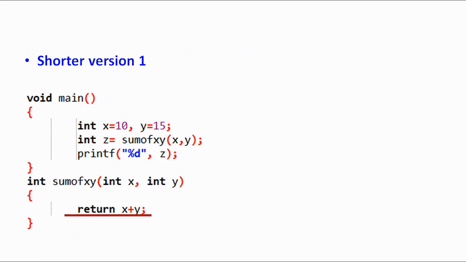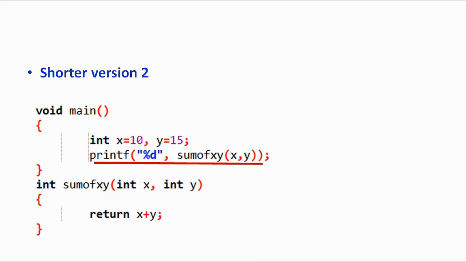We can avoid the declaration of z since we can directly add x and y at the return statement itself. When a function call returns a value, it can be directly placed in the printf function without using any intermediate variable. But note that a void function cannot be placed in a printf statement like this.